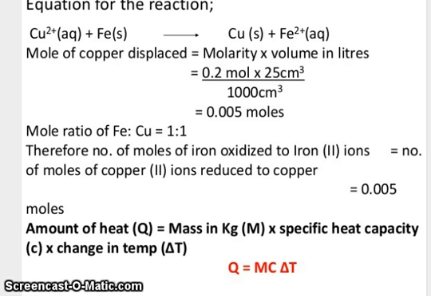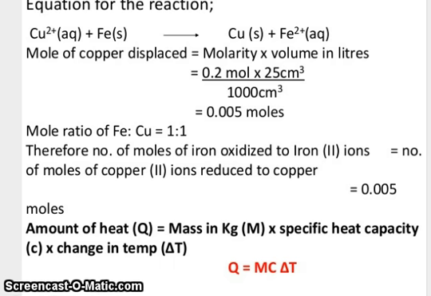Moles of copper displaced is equal to molarity times volume in liters: 0.2 mole times 25 cubic centimeters divided by 1000 cubic centimeters is equal to 0.005 moles. Mole ratio of Fe to copper is 1:1.